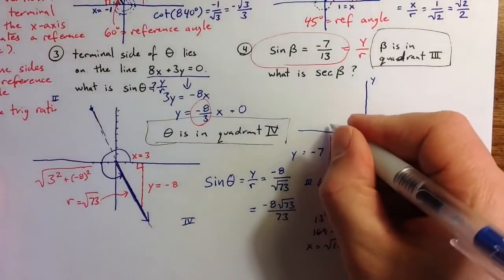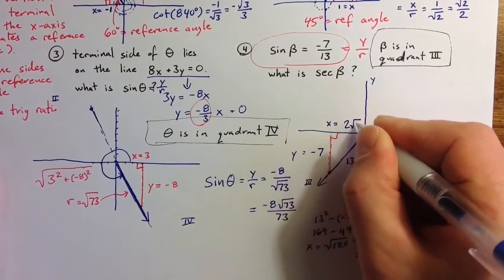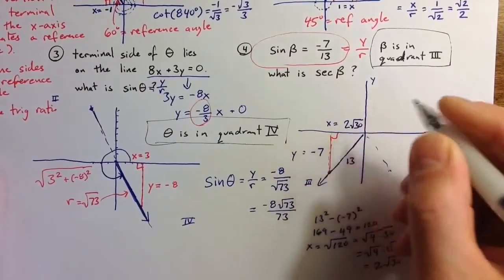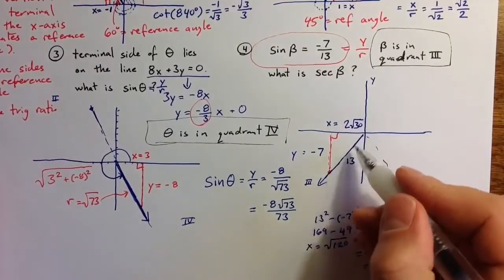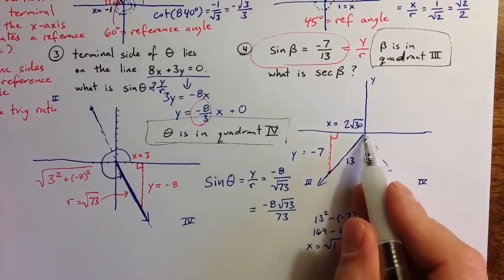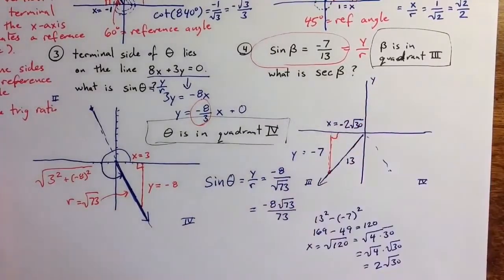So x equals 2 times the square root of 30, but we should think for a moment, should that value be positive or negative? Because the terminal side is in quadrant 3, we're to the left of the y-axis, and so the x values should be negative.